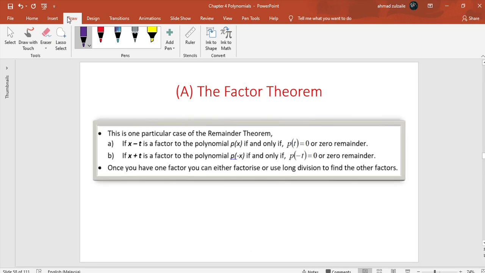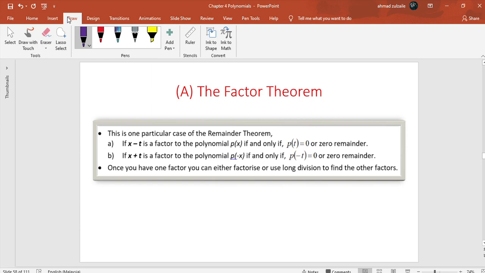Alright, so similar to the remainder theorem, for the factor theorem, we're going to substitute our divisor, for example x minus t, into the polynomial with the positive t. If and only if when you substitute the value of your x into the polynomial, it gives you a zero remainder.